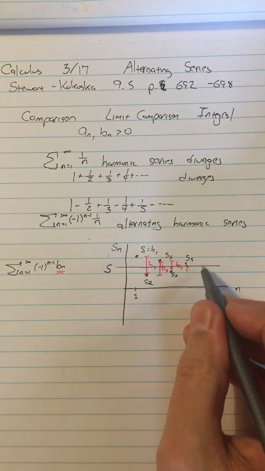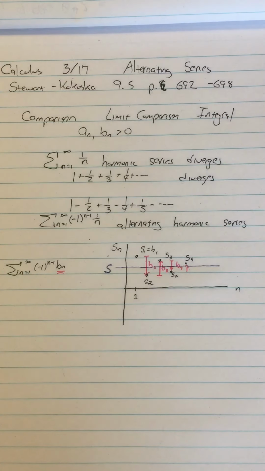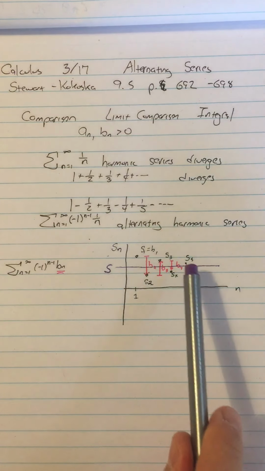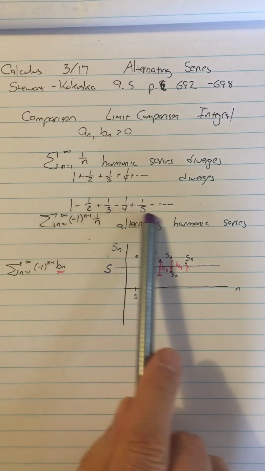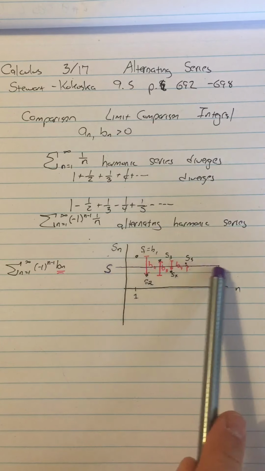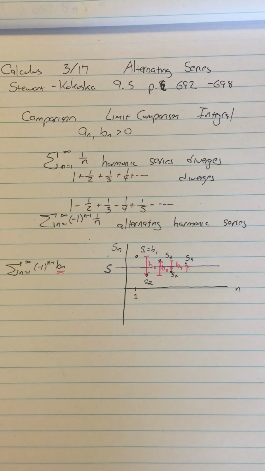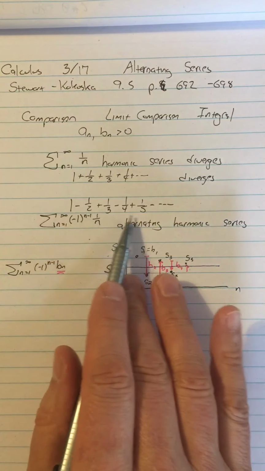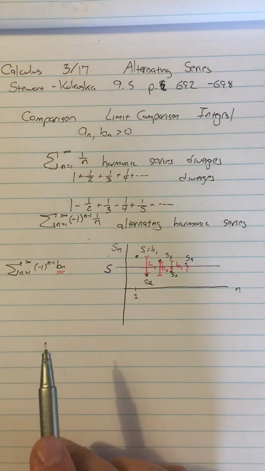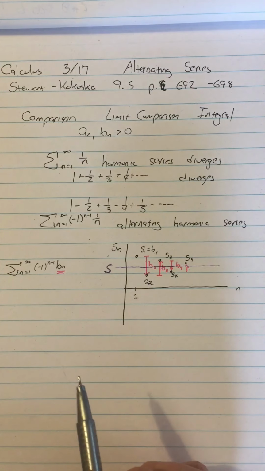So the s sub n's are always above and below the actual sum. And because this particular sequence is decreasing, we're going to eventually converge on this s, and we have a convergent series. What that depends on is that the b sub n's are decreasing, and the limit as n approaches infinity of the b sub n's is 0.